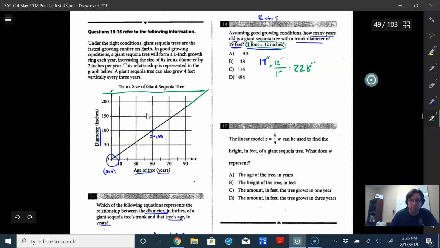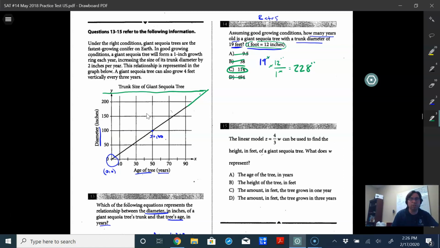And so these are way too small. We see that 494 is just at 200. So if we see about 200 inches, we see it's just over 90. So we can approximate that C here would be the best answer choice. 494 is going to be way too large in regards to age. So we eliminate that through logic.